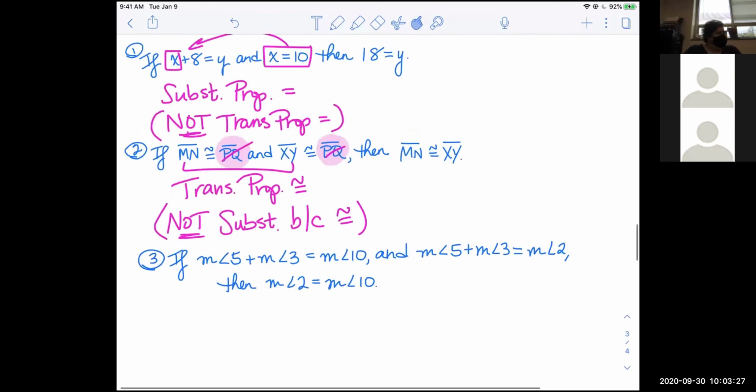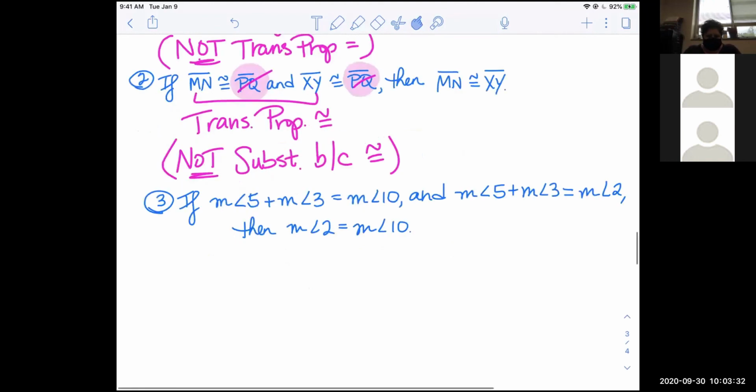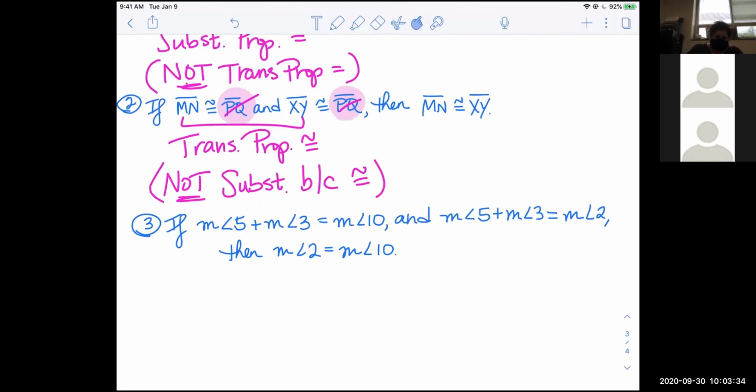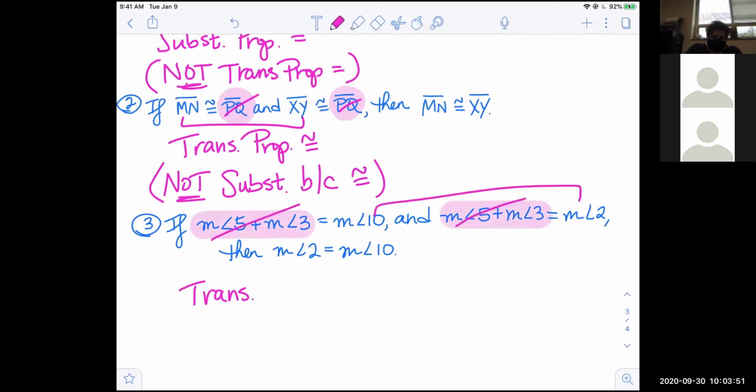Okay, and then for number 3, Tiana. Okay, tell me why it's transitive. So what are you canceling? What are you wiping out? So these two match up, so we can say take those out, and those will be equal to each other. Is that property of equality or congruence?